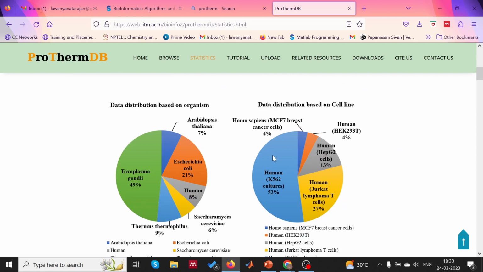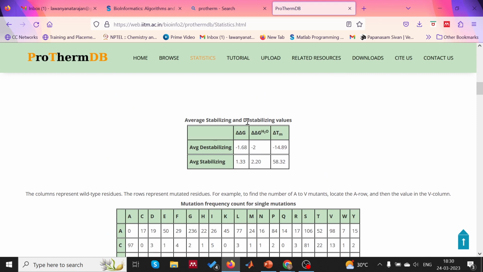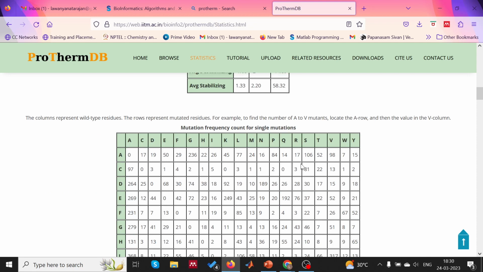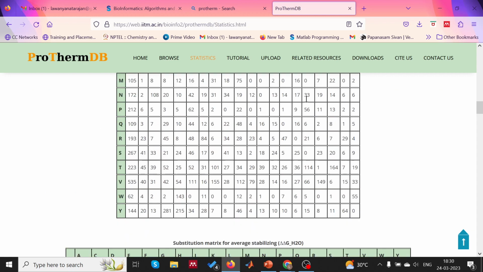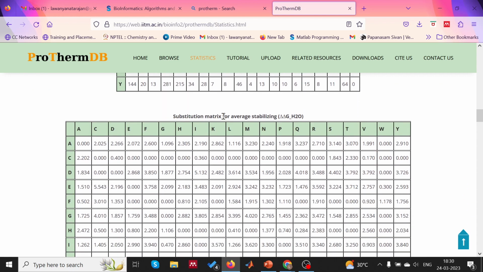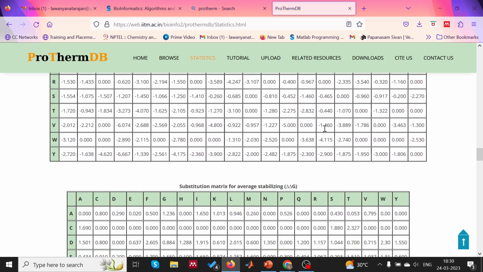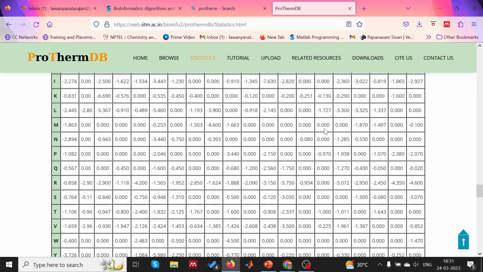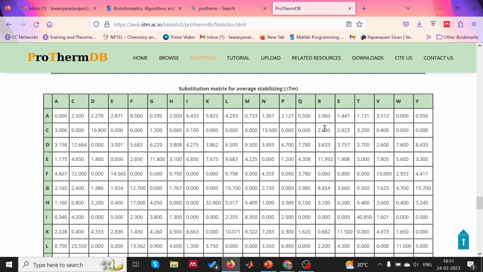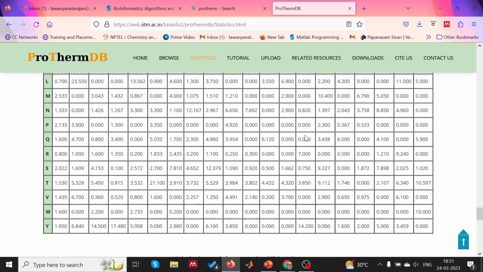Then based on cell line and so on. After that you have average stabilizing and destabilizing values. Below that you have mutation frequency count for single mutations. Below that you have substitution matrix for average stabilizing delta delta G H2O and destabilizing delta delta G H2O, and substitution matrix for average stabilizing delta delta G and average destabilizing delta delta G, and then matrix for average stabilizing delta Tm, destabilizing delta Tm. That's it.